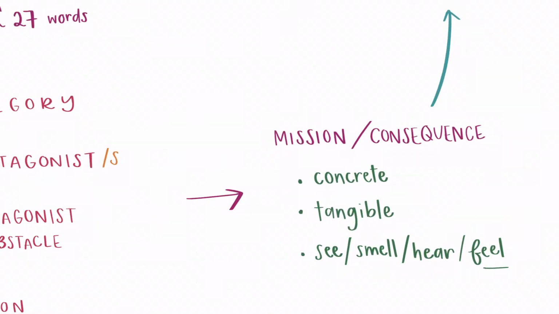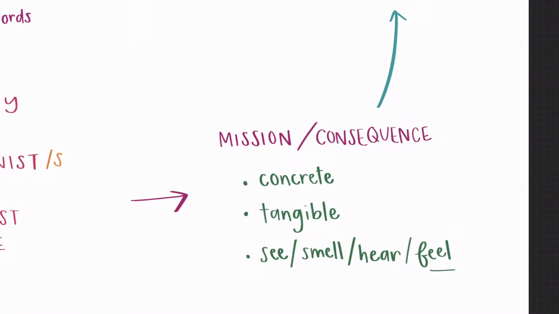Then we talk about what the mission or consequence is that you're going to be talking about in this one sentence. Again, it needs to be something concrete and tangible rather than something abstract. So rather than saying that their mission is to achieve world peace, that's too vague. That's not something that your target audience could picture or see or smell or hear.